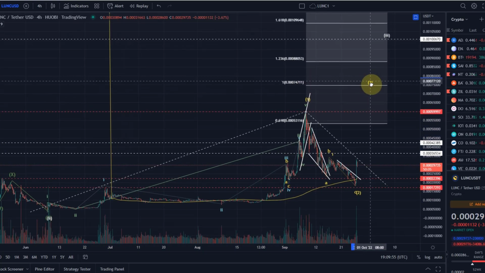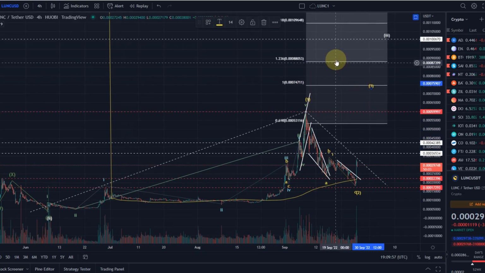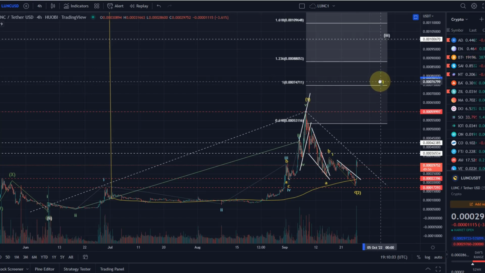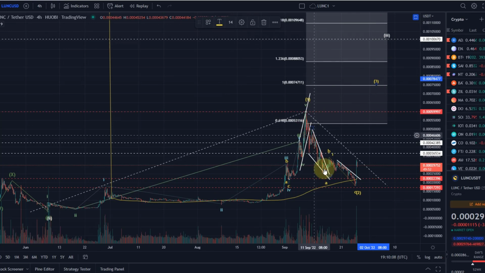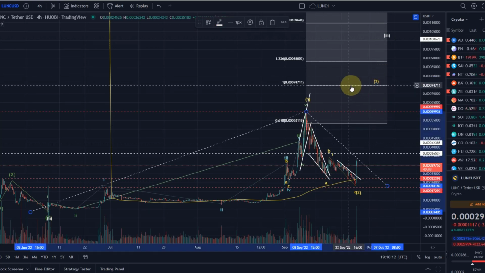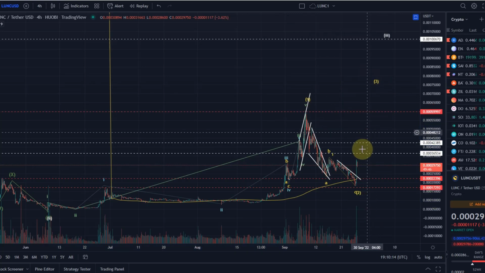I think this would be a sensible target, the 1-to-1 ratio, maybe even 0.00088. So the wave 3 can be quite strong. Could also go higher, of course, but we don't want to create too much hope here. So that's where I'd be aiming for, and this is where we could be working on.